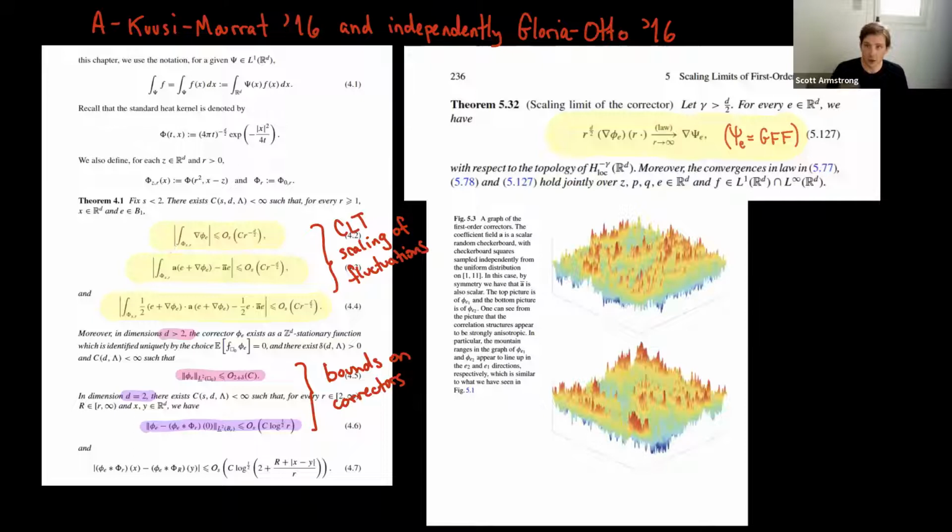We can actually show that there's a CLT for that, not just that it has fluctuations of the order of the CLT, but that if you divide by r to the minus d over 2, it converges to a random variable. And as you move around the mask that you're integrating with respect to, you get correlations, and those correlations are the Gaussian free field. So it looks exactly like you would think.